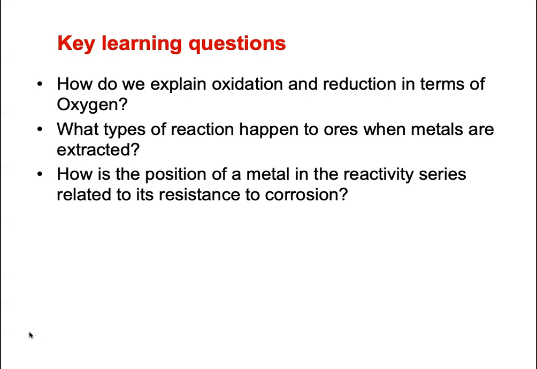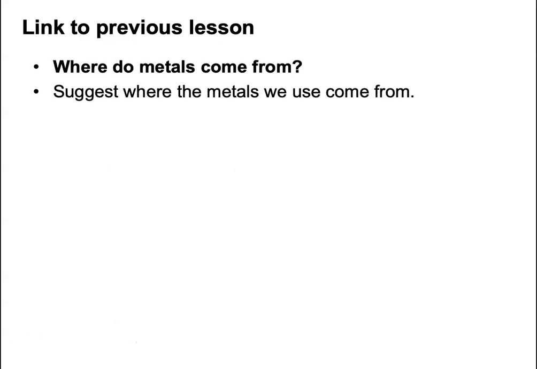And in the last lesson we said that metals can be extracted from their ores by reduction with carbon, and a metal extracted from its ore by reduction with carbon means the metal is reduced. So you can look at the previous lesson and answer this question: where do metals come from?